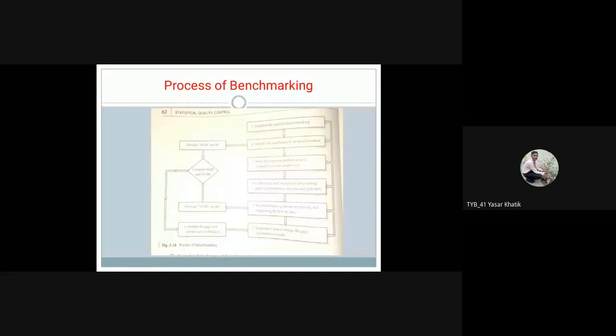Okay, fifth one is set a performance goal for improving and surpassing the best in class. Once you get the gap between your and their organization, then you have to set new goals to achieve a new performance.